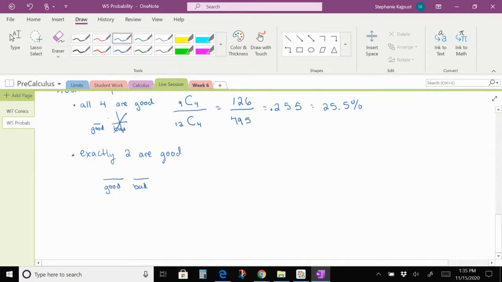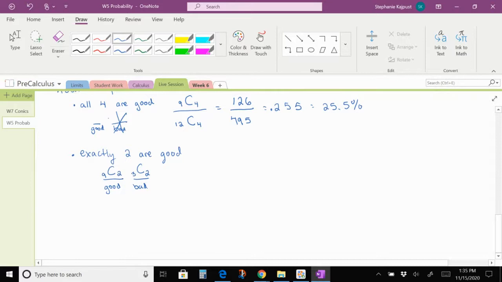So we're going to have to multiply our combinations just like with the card problem, where we're choosing 2 from the good pile, and then there are 3 bad, and we're choosing 2 from the bad.